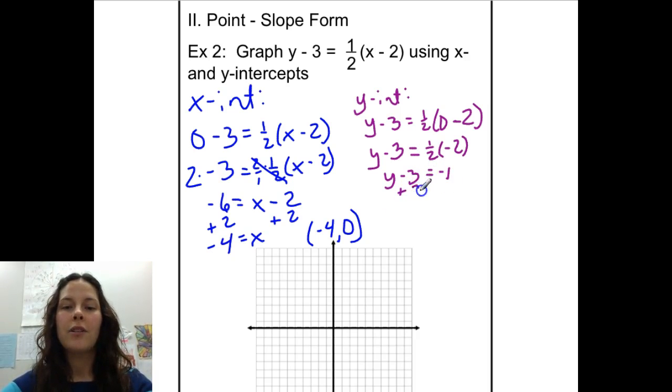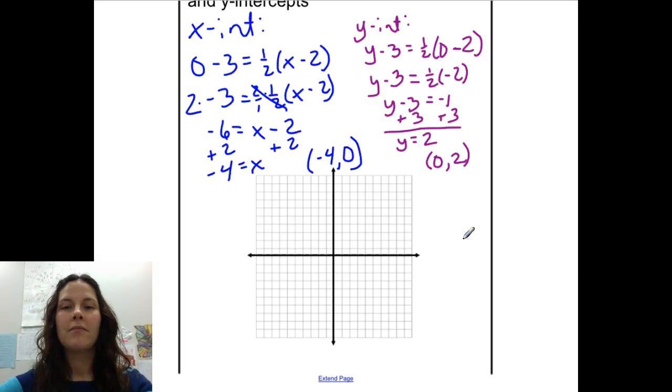And adding 3 to both sides, I get a y value of 2. Writing this as an ordered pair, I started by substituting 0 for x, and I solved and got 2 for y. So I'm going to plot these on my graph, negative 4, 0, and 0, 2, and then I'll connect them with a line.